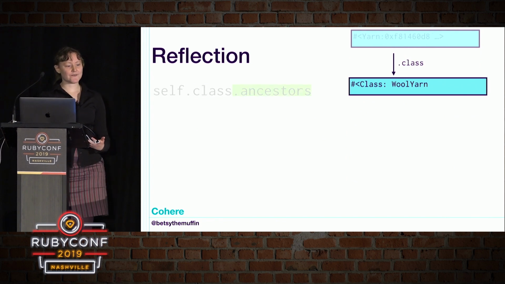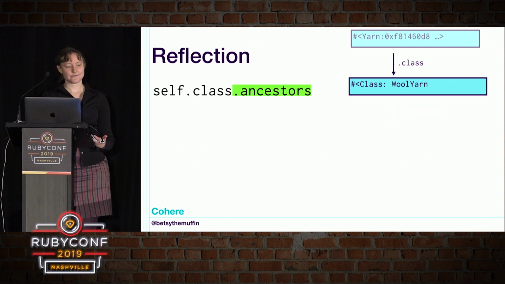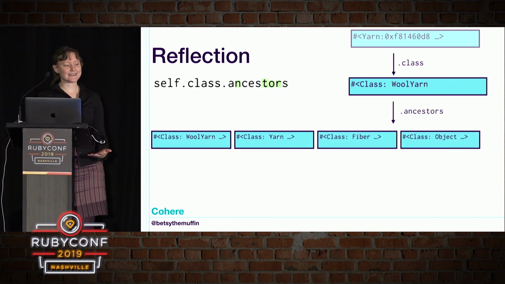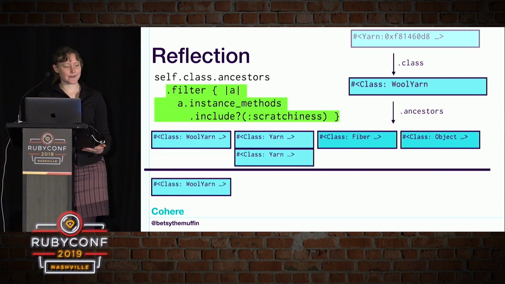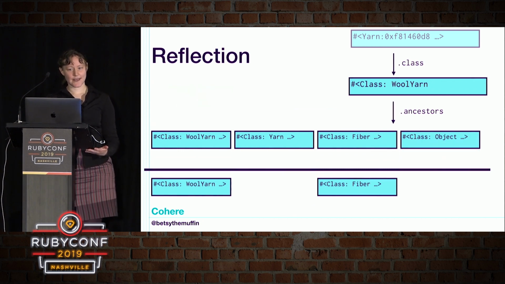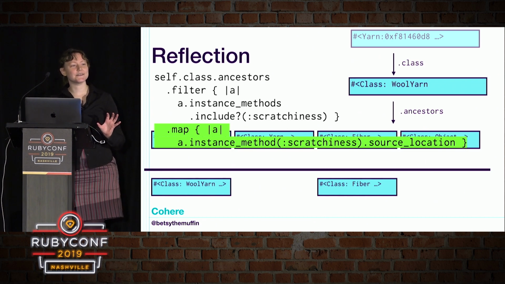For example, once we have a class, we can look up that class's ancestor tree. Once we have an ancestor tree, we can see which of a class's ancestors define a given method. And then once we have that, we can even look up all the places within our code base that that method is defined.